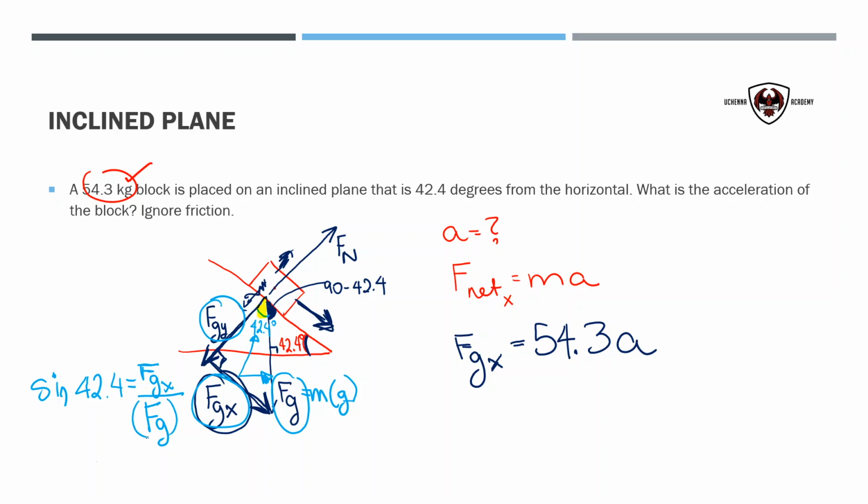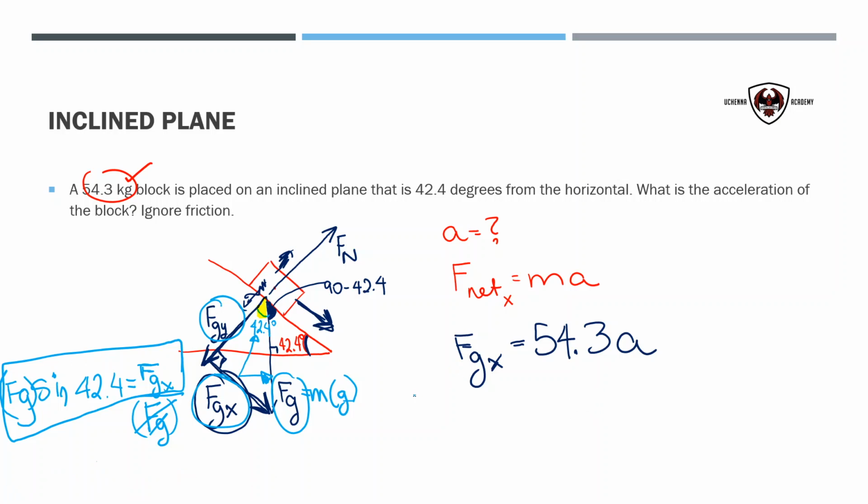I can multiply both sides by that, and I will end up with Fg in the X direction equal to F times G multiplied by sine of 42.4.